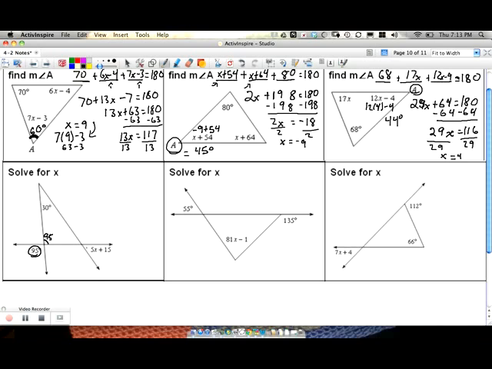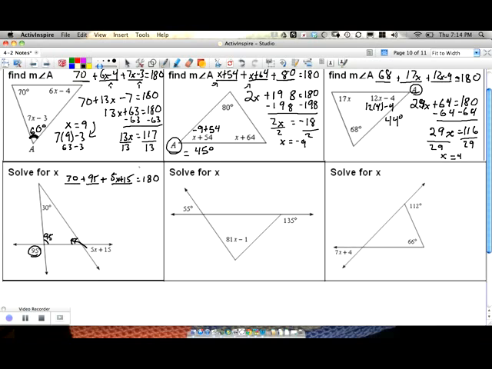So then I'm going to have 30 plus 2 more angles equals 180. So you have 30 plus 95 plus 5x plus 15. So 30 plus 95, that's going to be 125, plus 5x plus 15 equals 180. 125 plus 15, put those together, we get 140.